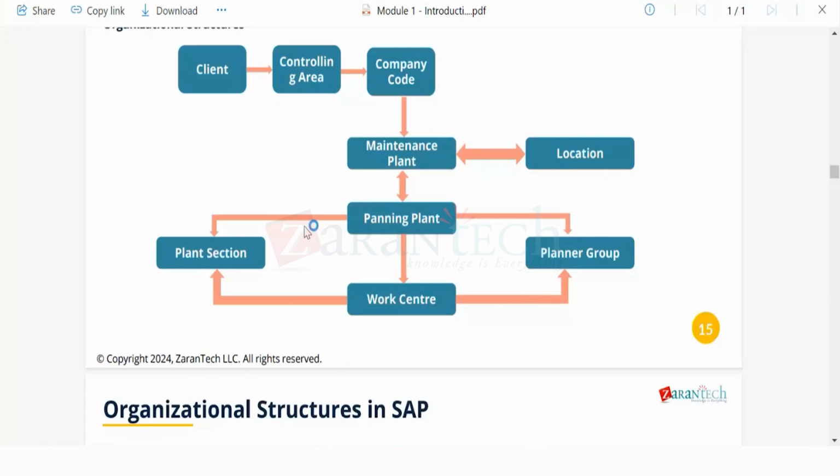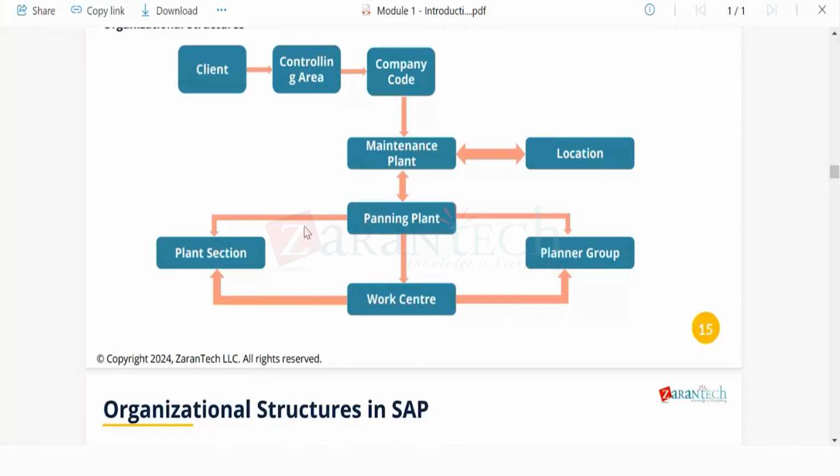People would be in there making the plan. In this general context, not specifically in this plan, when we think of a planning plant, we could also think of a planning group, the group of people that make the plans. The maintenance group is the group of people that do the maintenance. Yes, that is the planner group.